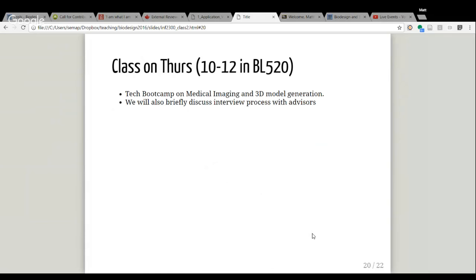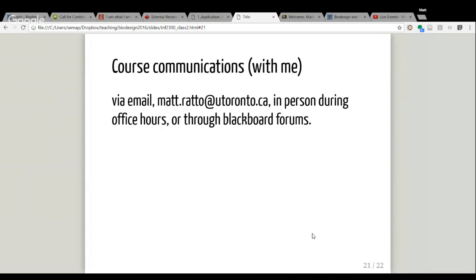You'll be installing some basic image segmentation software, running some modeling activities, and we'll be talking about how medical imaging and 3D models are being utilized in a range of biomedical contexts, including things like surgical training and planning. I will also briefly discuss in the class how we're going to kick off this interview process with your advisors, and I'll follow that up with some more material about potential interview questions that you might want to ask them.